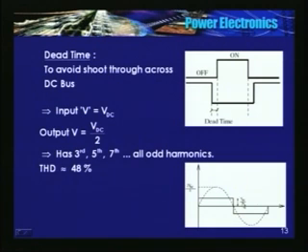The magnitude of the square wave is VDC by 2. But then what is the input voltage? We had a center tap DC source with VDC by 2 and VDC by 2. So remember, the input to the half bridge inverter is VDC, but the output voltage is VDC by 2 in the positive half and minus VDC by 2 in the negative half.